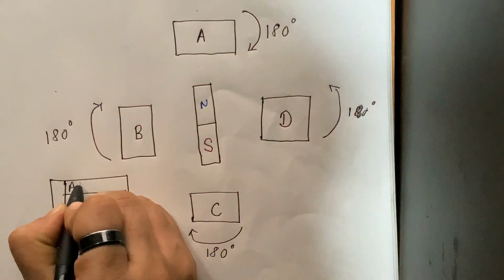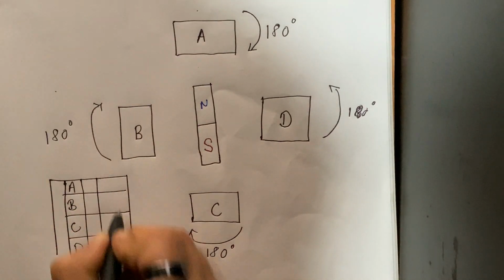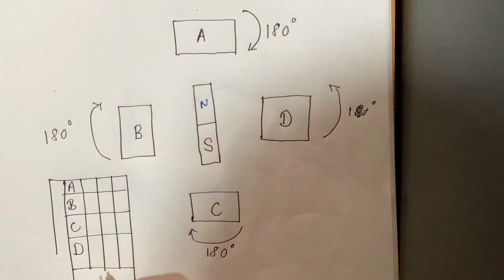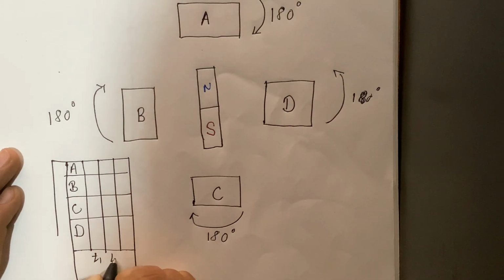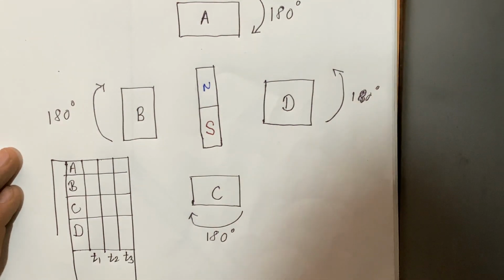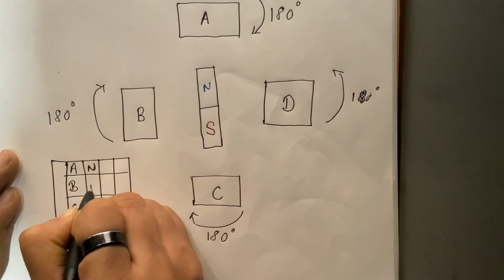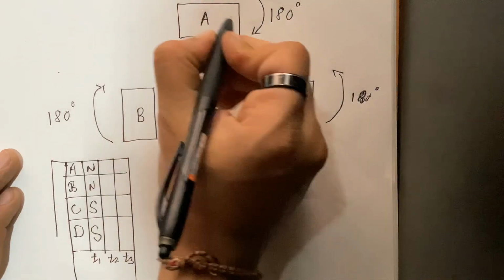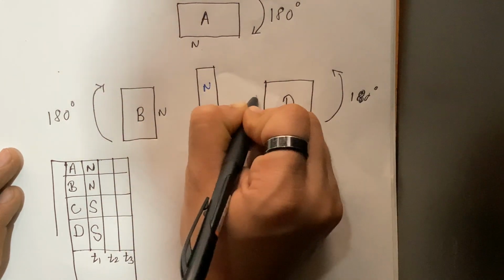Now we'll break this in three parts: this is time step 1, this is time step 2, this is time step 3. Our initial configuration will be north, north, south, south.